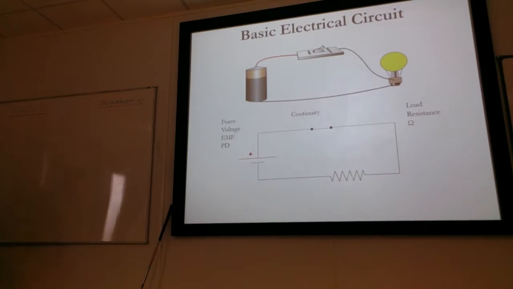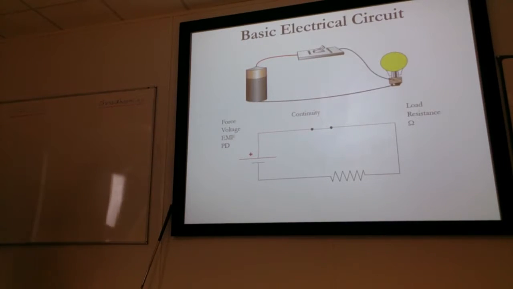Remember, current, if you see that in a question, current can only flow where there's a circuit. There's no current flowing there. There's voltage in our battery. There is a potential difference. It's a potential so that when we establish the continuity, now current can flow, and now we can use some of that power, some of that current to work our resistance loads, to power the devices that we want to power. Simple.